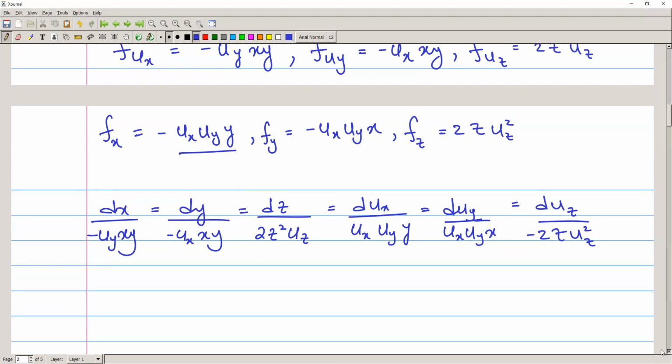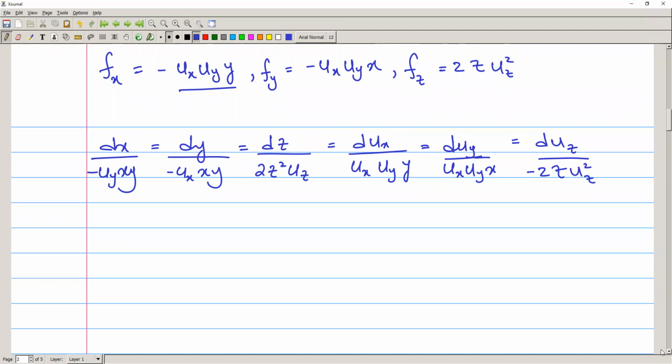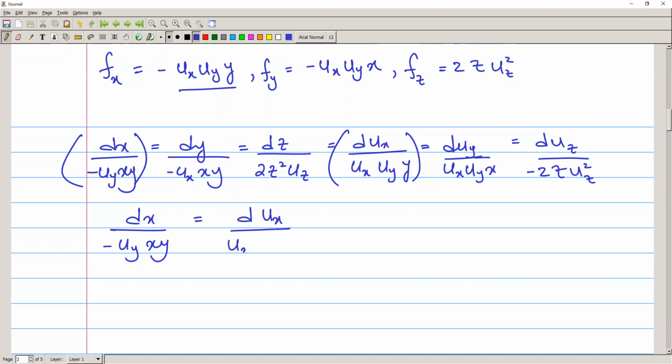Now we have to solve using pairs of these differential equations. We are very familiar with solving pairs, because from the very beginning with integral curves, and then for Cauchy's characteristic method, we used pairs. So now we'll take the pair dx with dux. So dx divided by negative uy times xy equals dux divided by ux uy times y.